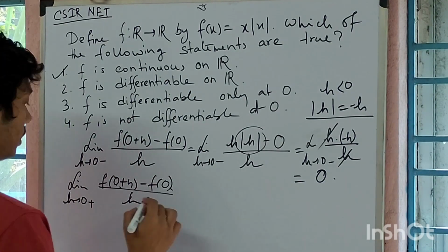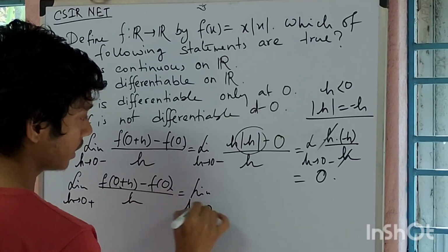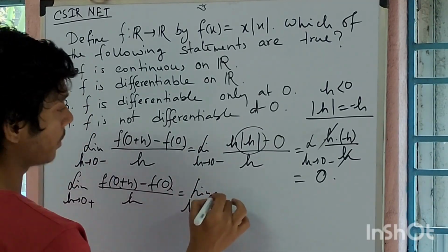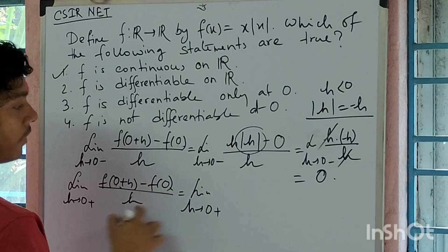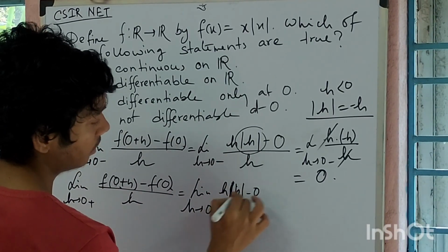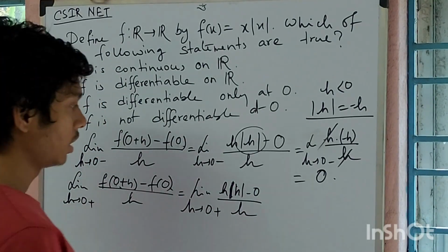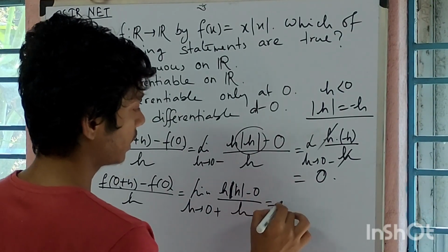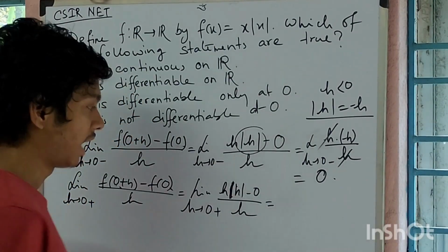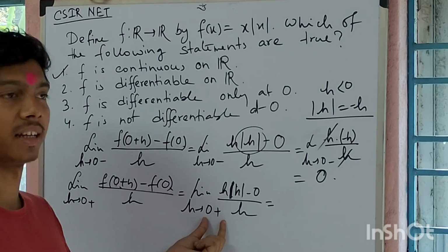Now check for this one. The limit as h tends to 0 plus, again it is (f(h) - f(0))/h. f(h) means h|h|, minus 0, by h. As h tends to 0 plus, my h is just greater than 0.